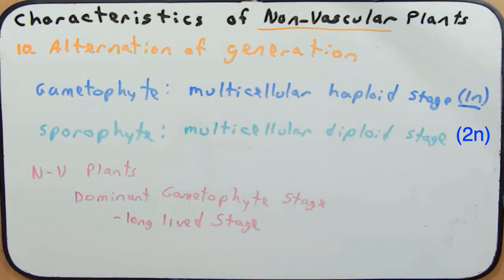Most often when you see a non-vascular plant like a moss on a tree, what you're seeing is this gametophyte stage. This gametophyte stage also provides most of the nutrients for the different non-vascular plants. Now I want to briefly go over this alternation of generation in non-vascular plants, and to do so I'm going to use a figure from your textbook.